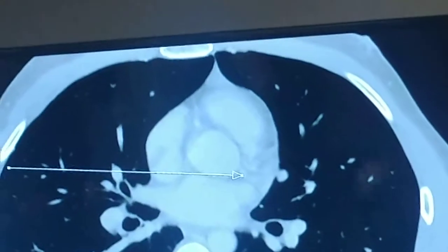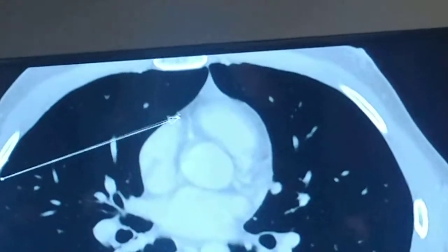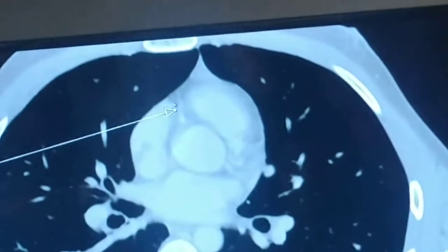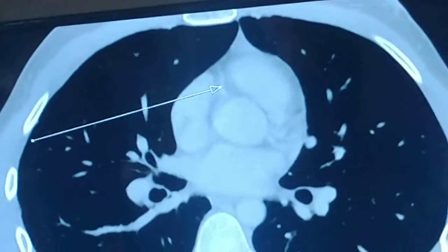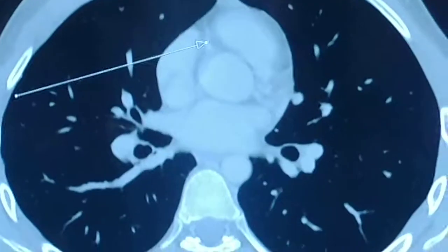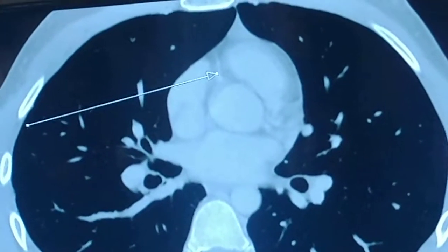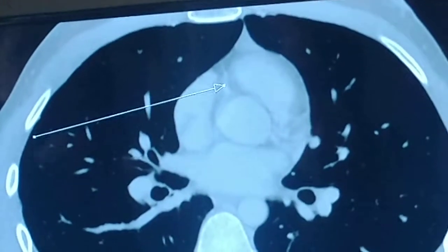Left and right. So this one's a little bit harder, right? Because you can't really just depend on the left and right side of the heart, because this one, if you look at it, is coming out basically in the middle, right? So that is my right coronary artery.